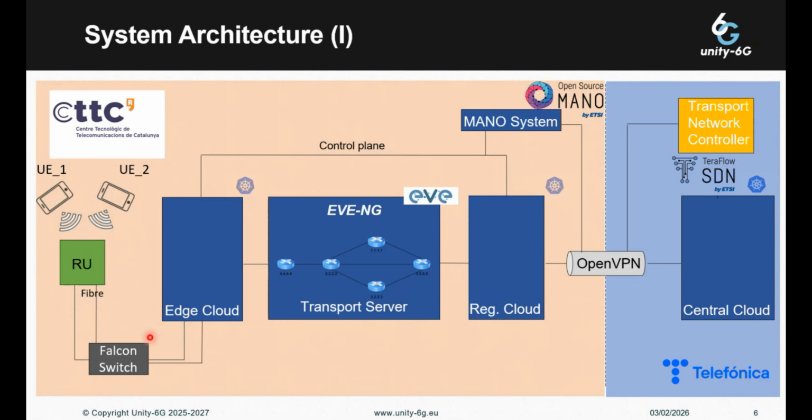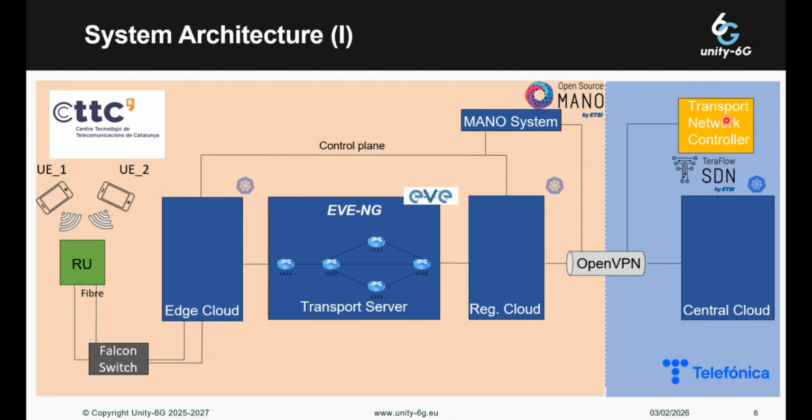and the central cloud. Then at the radio access network components, we have a commercial Lite-On RU for over-the-air experimentation, and a Falcon switch providing the precision time protocol signal to the edge cloud.